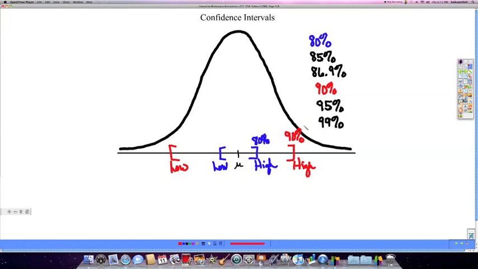And so one of the questions I believe that we are asked on the question sets and the test is, as you increase the level of confidence, what happens to your confidence interval? And that is that the confidence interval will widen, which actually takes away from the accuracy and your ability to narrow in on the population mean.